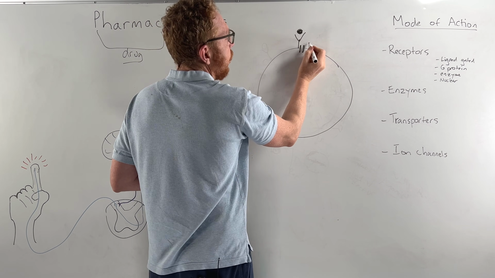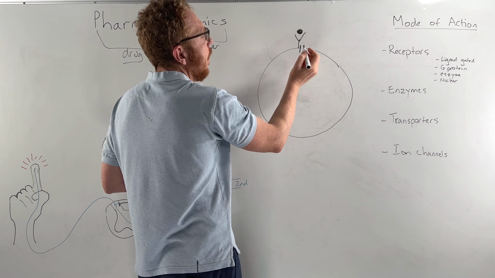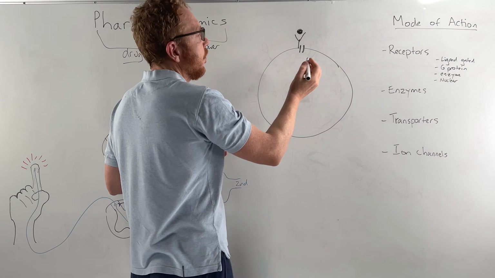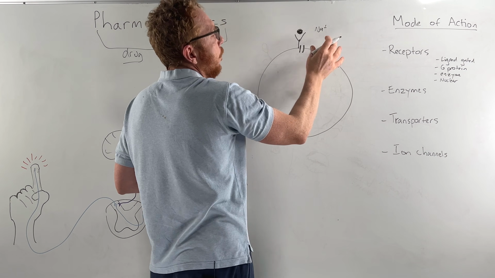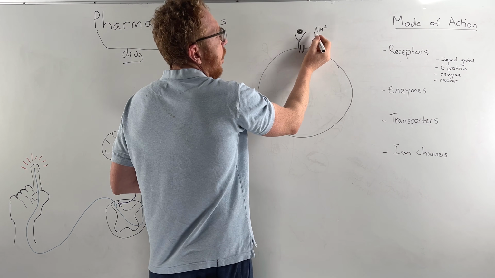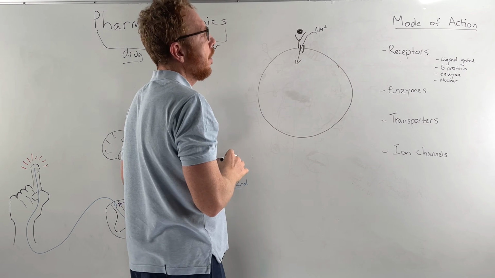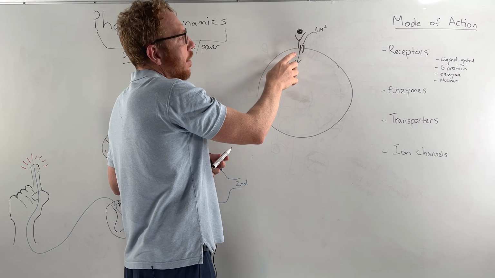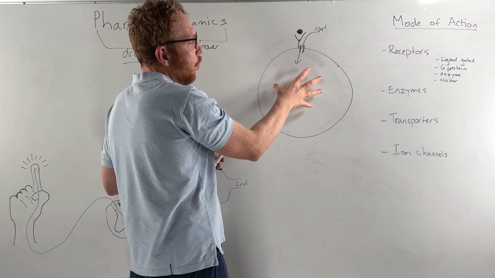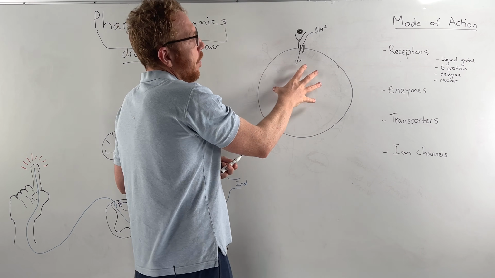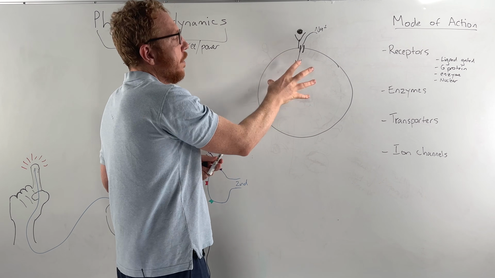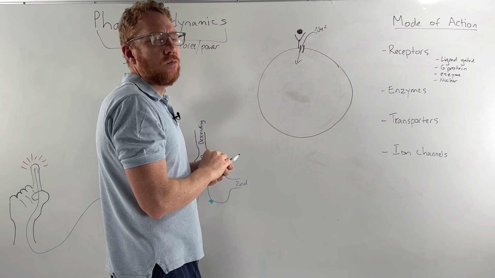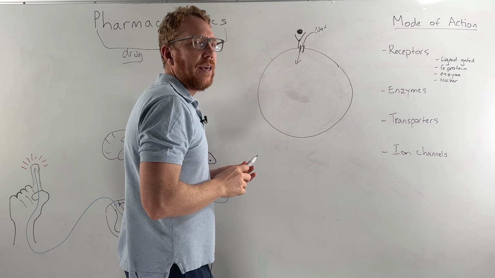In this case it's a sodium channel, and sodium diffuses across its concentration gradient. We know sodium is higher in quantity outside than inside, so sodium will go into the cell and change the positivity inside the cell. If this was a ligand-gated nicotinic receptor in skeletal muscle, sodium would rush in and depolarize, which would then activate a muscle contraction. So that's a nicotinic receptor, and it's an example of a ligand-gated one.